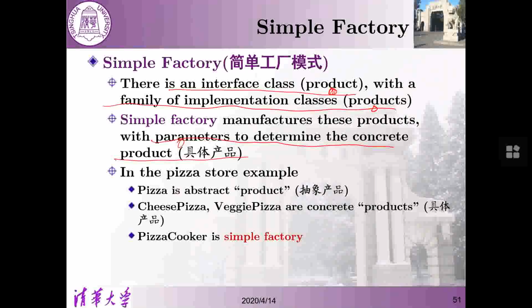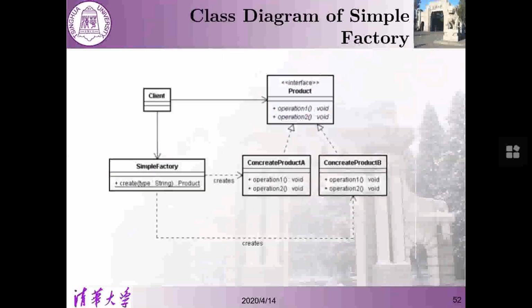So in this pizza store example, pizza is an abstract product, and cheese pizza and Wagyu pizza are concrete products. And the pizza cooker is a simple factory. So this is a class diagram. You can see that we have a class hierarchy of the products.